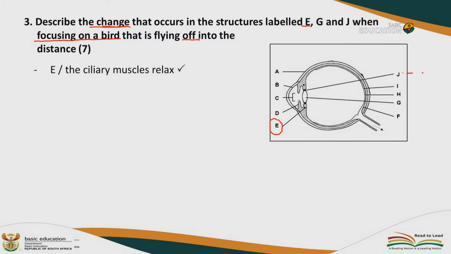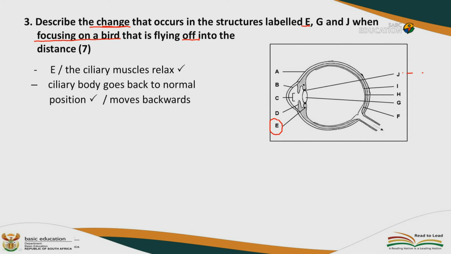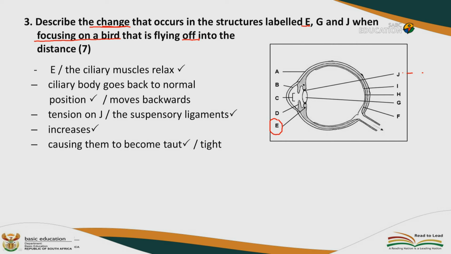And when the ciliary body relaxes, what happens to the suspensory ligaments? They become tight. All right? So the suspensory ligaments become tight because now the ciliary body has relaxed. There will be tension on the lens. And what happens again? Okay?